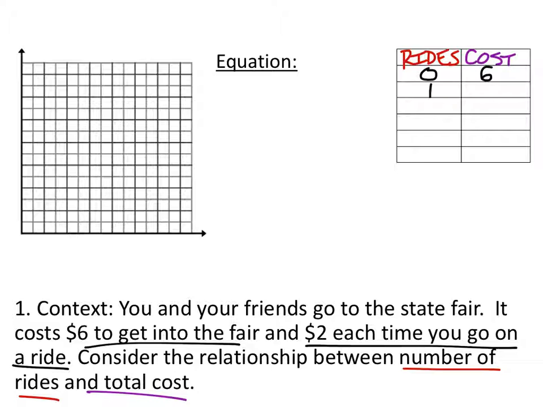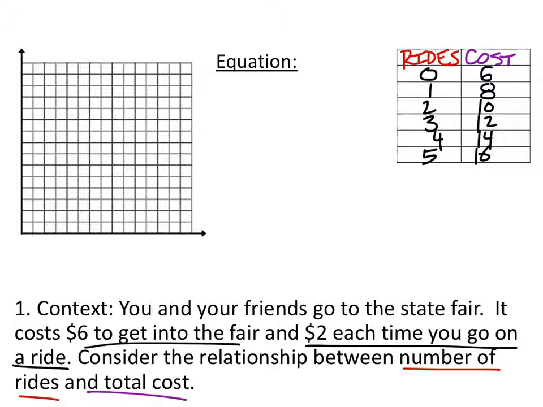So if I go on 1 ride, it's an additional $2 to the $6. So 6 plus 2 would be 8 if I go on 1 ride. And if we continue this pattern, $2 for every 1 ride, then the next ride would be another $2, the next ride another $2, the next ride another $2, and the next ride another $2.